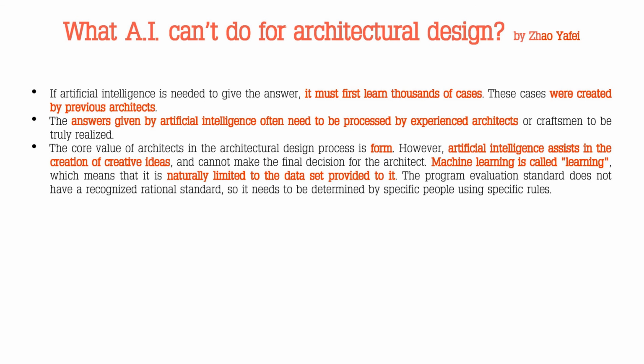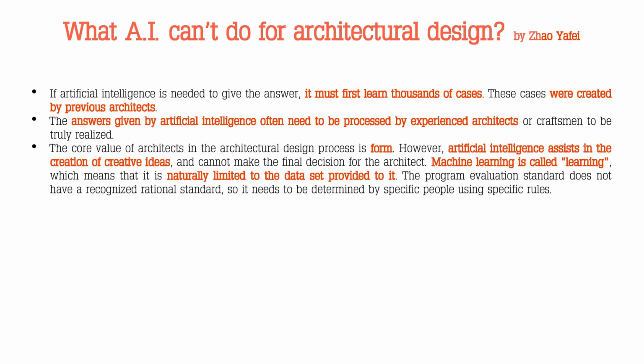A second weakness of artificial intelligence today is that every time it gives an answer, an output, a project, there must be an experienced architect, a professional, who is able to generate the final output. Basically, we must adjust the output of the artificial intelligence. Artificial intelligence nowadays cannot generate a mature project. The third point is basically a consequence of the first two.